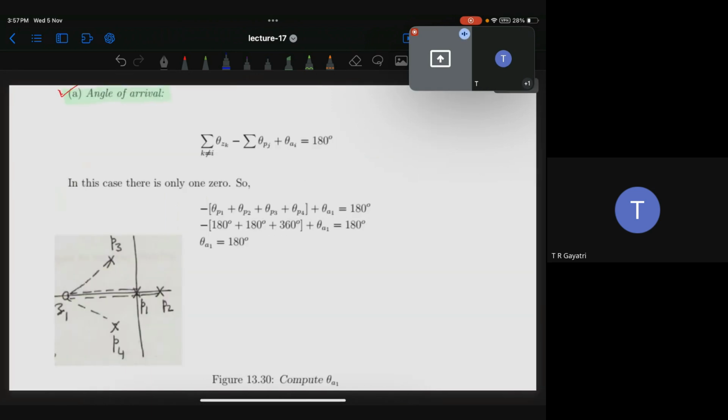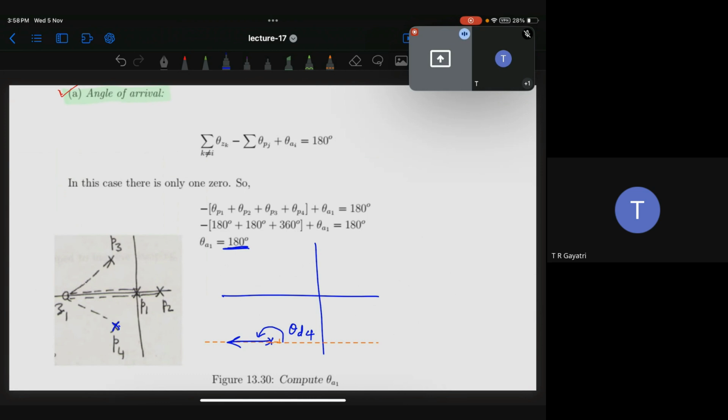Next, theta 4, this one. You're getting 180. 180 means what? This direction. So this is the direction, theta d4.